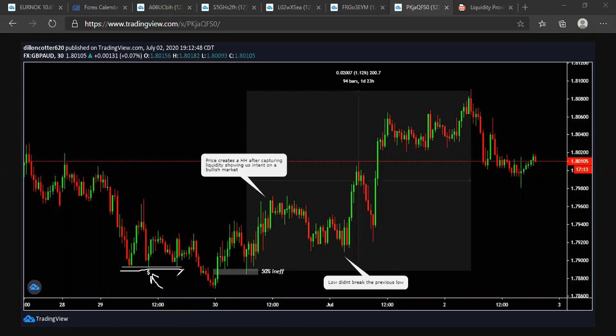Below, there's probably sell stops and buy stop loss positions sitting under this area, which is why the market was pulled just slightly under this. It's almost like a magnet. Liquidity is almost like a magnet in a sense. The market will pull itself to it.